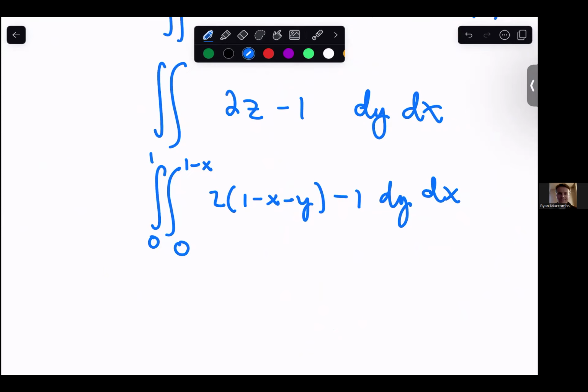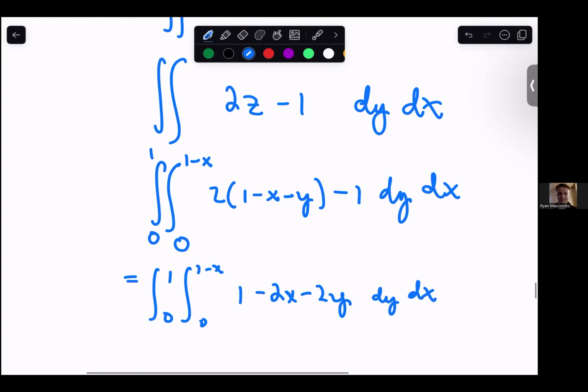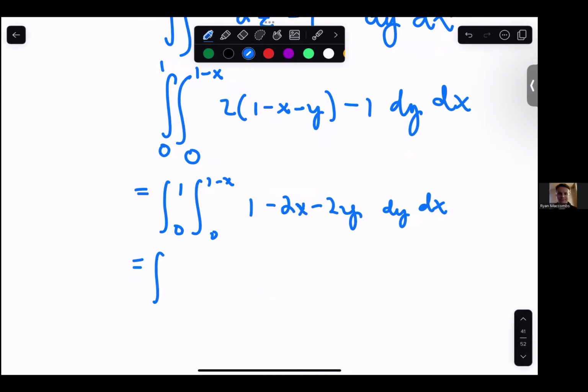Let's go ahead and start to evaluate this. Take a line to distribute all this. We have 2 minus 2x minus 2y, but then we need to subtract away the 1 there. So 2 minus 1 will be 1. Now let's integrate this with respect to y.